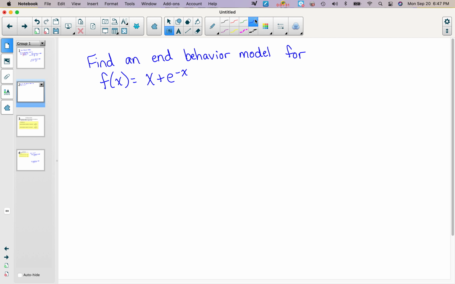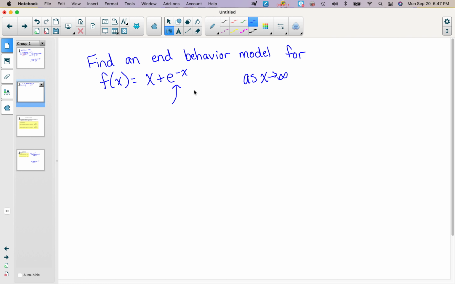Okay, so here's another one. We're going to find an end behavior model for this function f of x equals x plus e to the minus x. Again, we're going to think about what happens as x goes to infinity. As x gets really large, this is getting larger, but think about what's happening here. x is positive because it's approaching positive infinity.